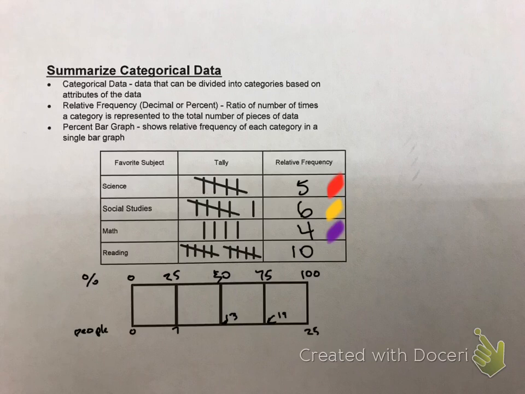We won't use a different color for that so that we can tell the difference as far as where everything stopped. So let's start off with the science, and that was 5 people, so it's going to stop about right here, and then we're going to shade that in.